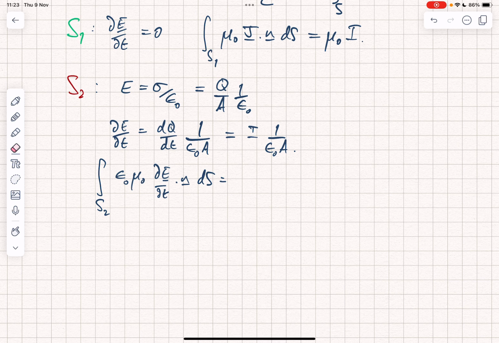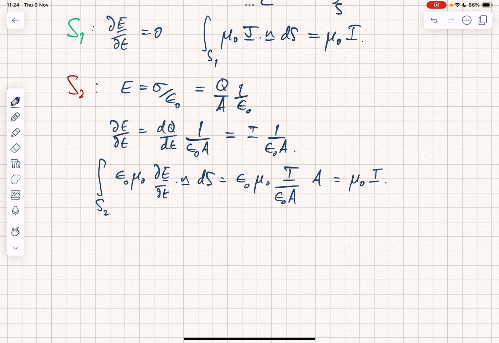That's going to equal epsilon naught mu naught times the integral of dE by dt over the area, which is going to simply pick up the entire field, which we'll assume is constant, and multiply it by the area. So we're going to have I over epsilon naught A, that's the dE by dt part, and then the area integral is going to give us an A. And you can see that the A's cancel, the epsilon naughts cancel, and we have mu naught I.